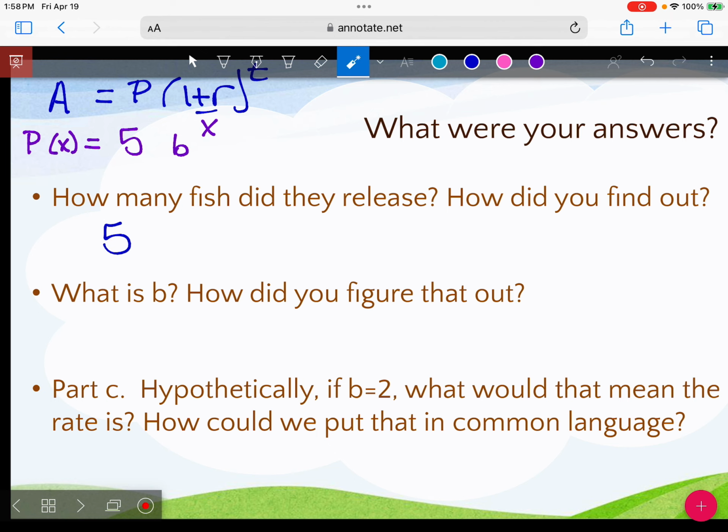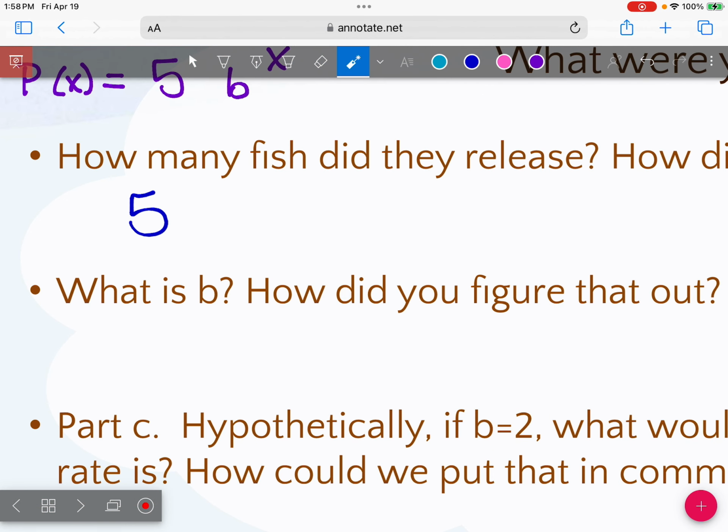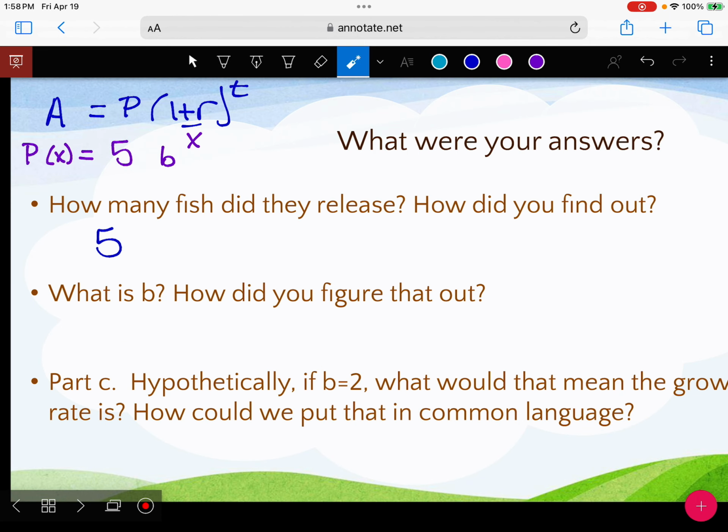Well, they gave us some information, so we're trying to calculate that number. What would the number be? 1.266. So that b is 1.266.